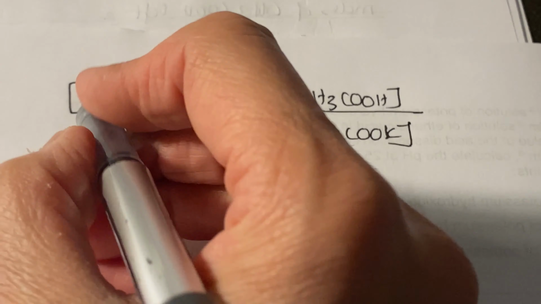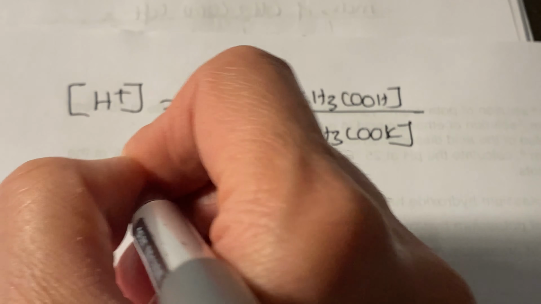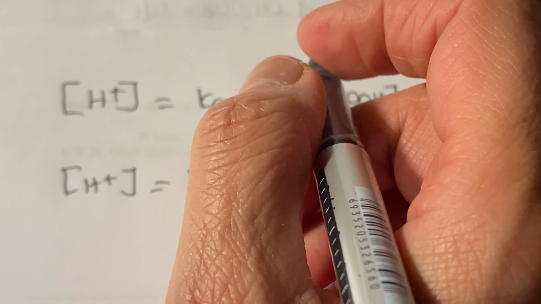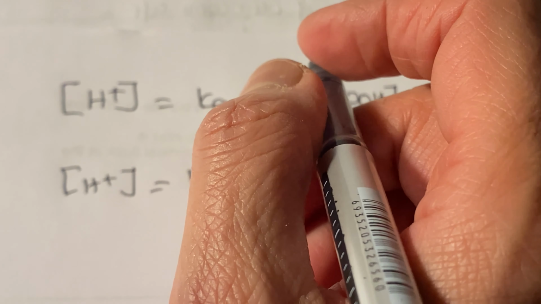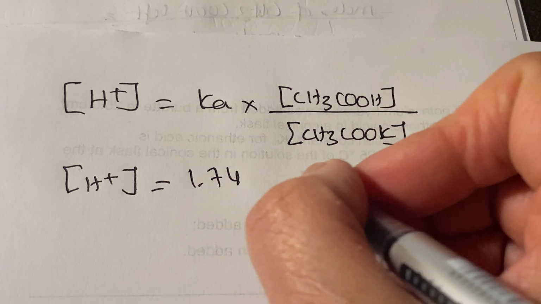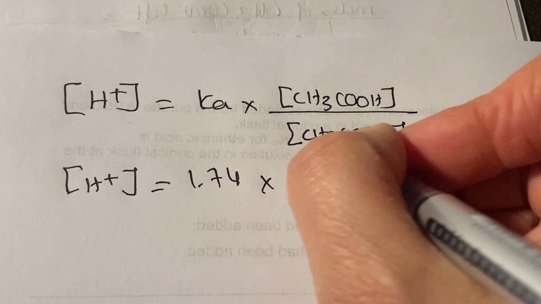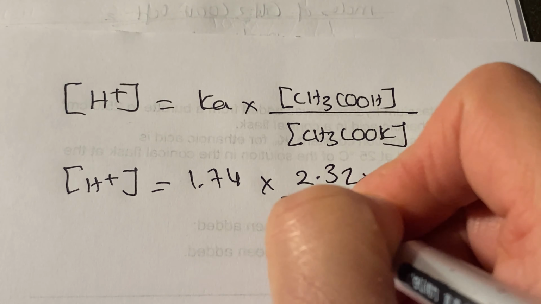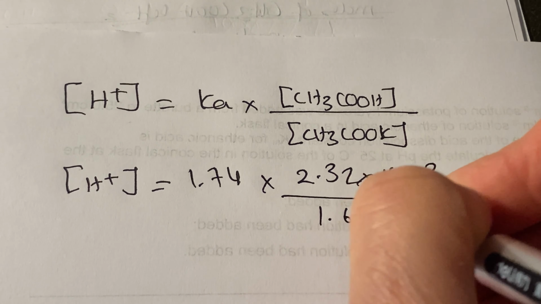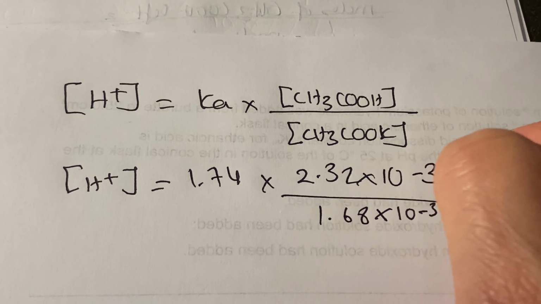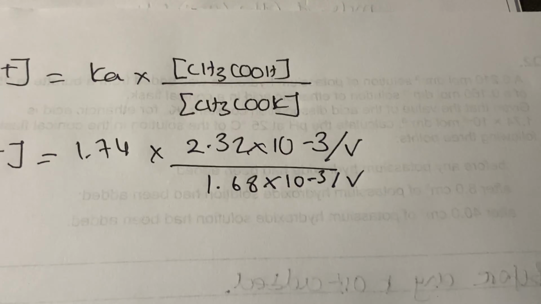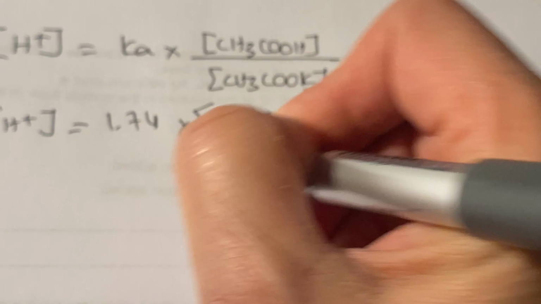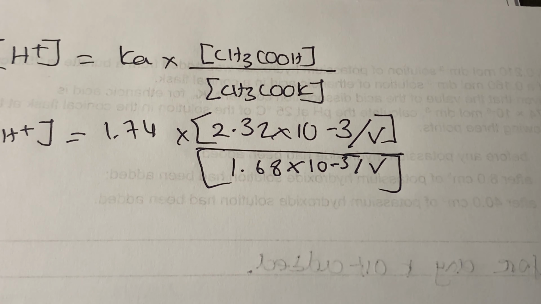So the concentration of H+ ions equals 1.74 × 10^-5 times 2.32 × 10^-3 divided by 1.68 × 10^-3. It's concentration, so it would be divided by volume, but the volumes cancel.